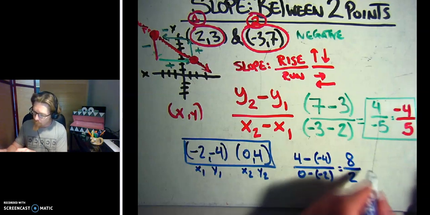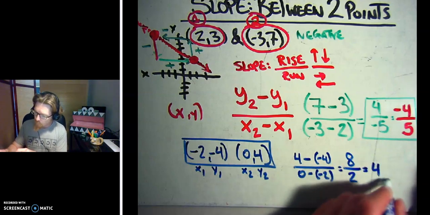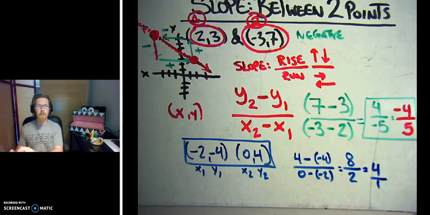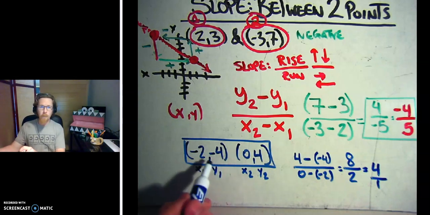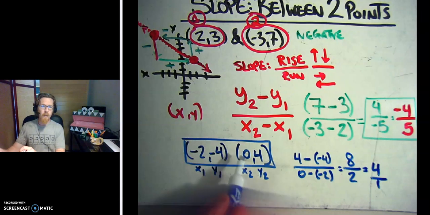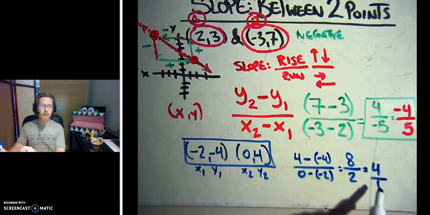And 8 divided by 2 is equal to 4 over 1. So this tells me that the slope between these 2 points is I go up 4 over 1.